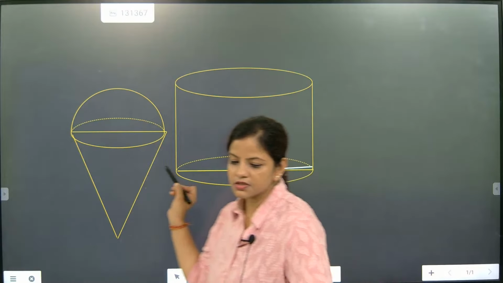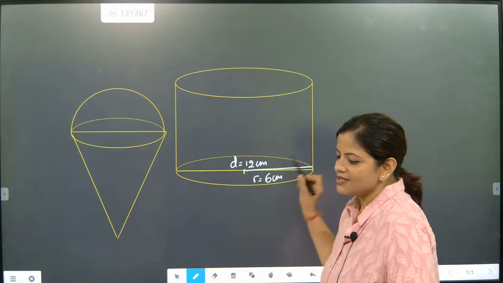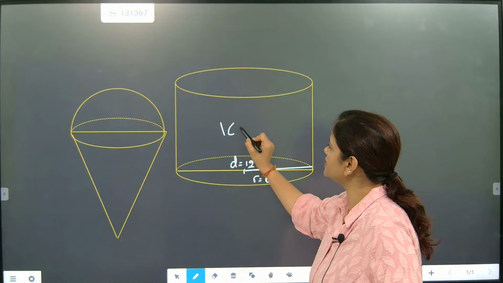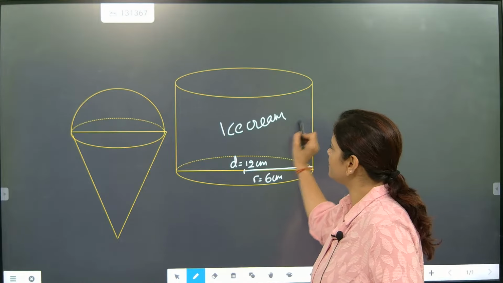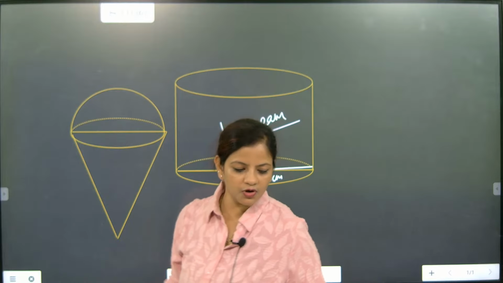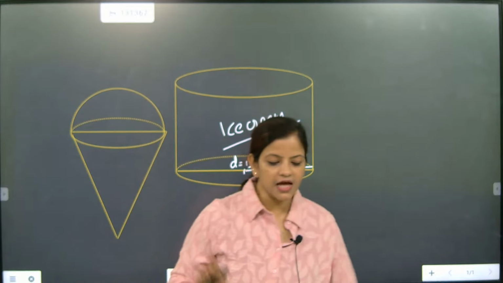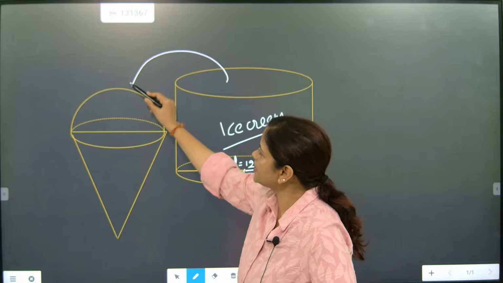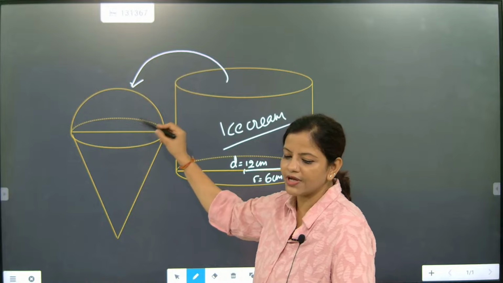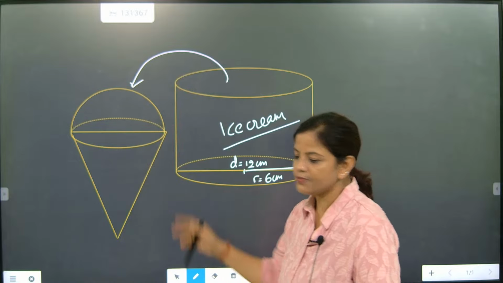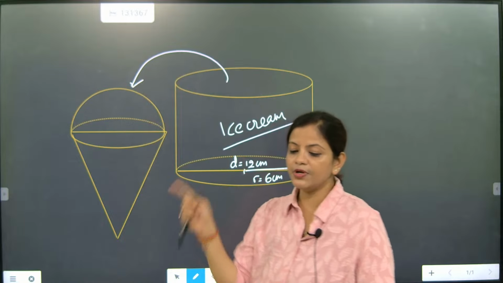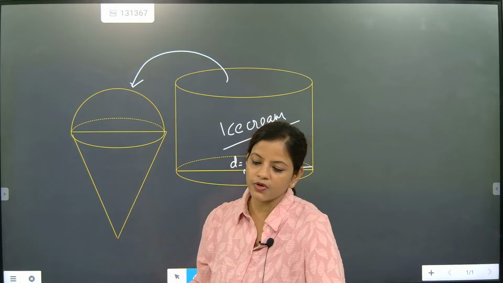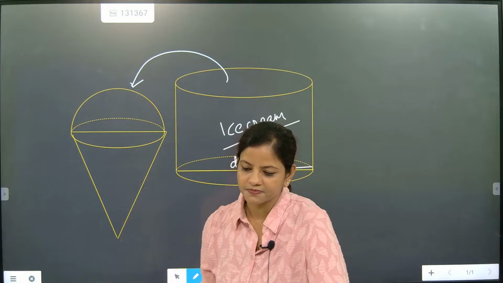Now this cylinder is full of ice cream, and the ice cream is to be filled in the cone. This ice cream is going to go inside this cone and get the shape of this cone. That means this cone plus this hemisphere will be totally filled with ice cream.